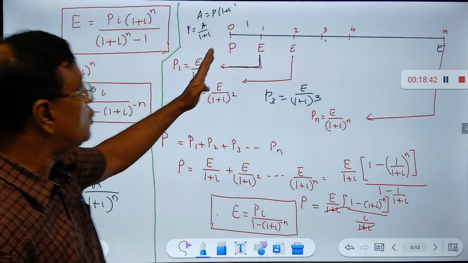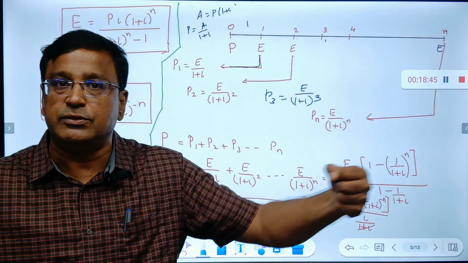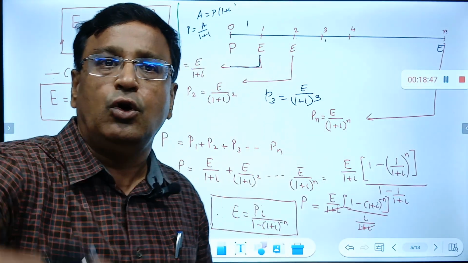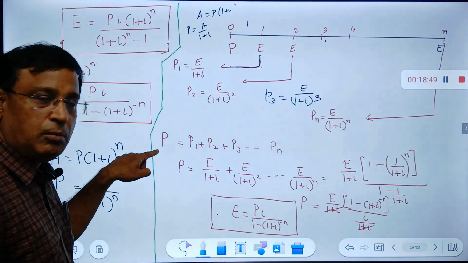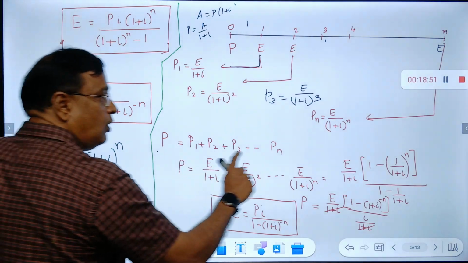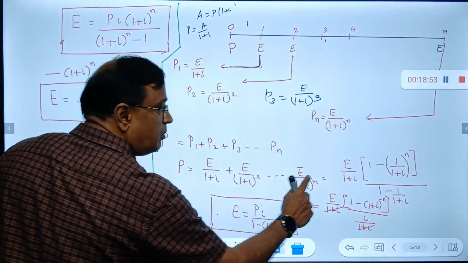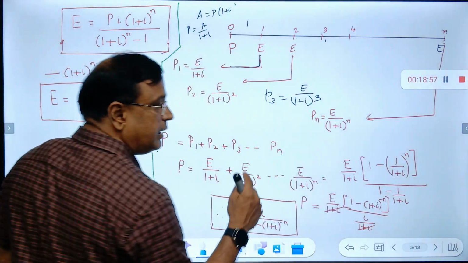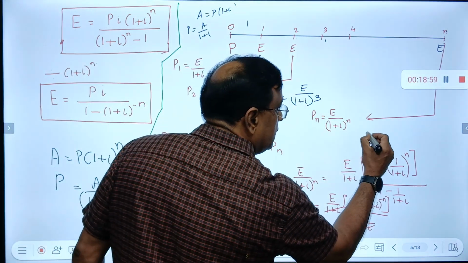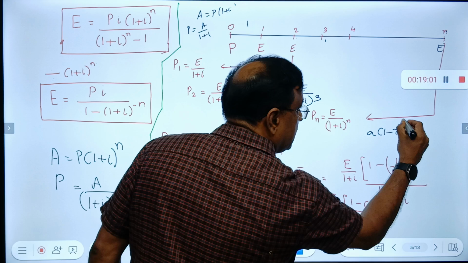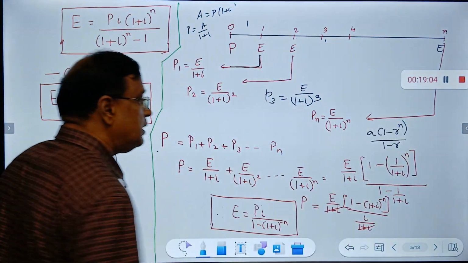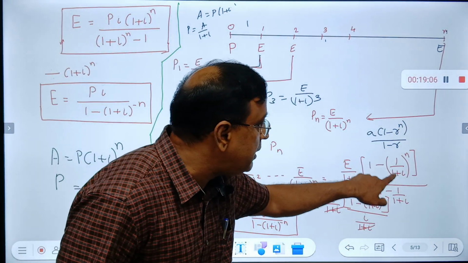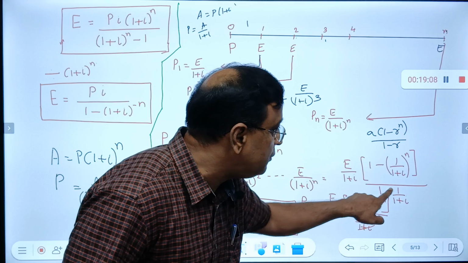Correct? So, the total present value, when you take all the present values together, should be equal to the loan amount. So, what is the loan amount? Loan amount is P. So, P equals all this. Now, this is a geometric progression where the first term is E by (1+i). I am using the formula a(1 - r^n)/(1 - r), where r is 1 by (1+i).